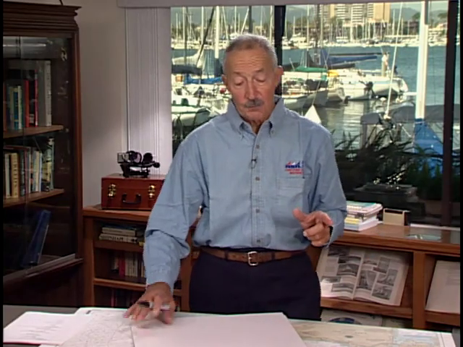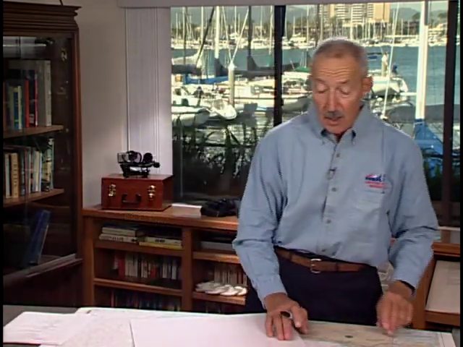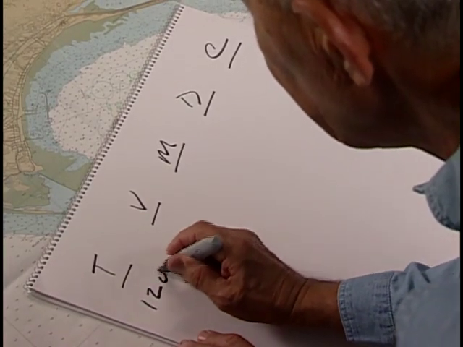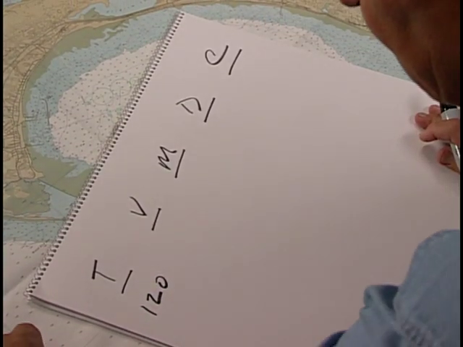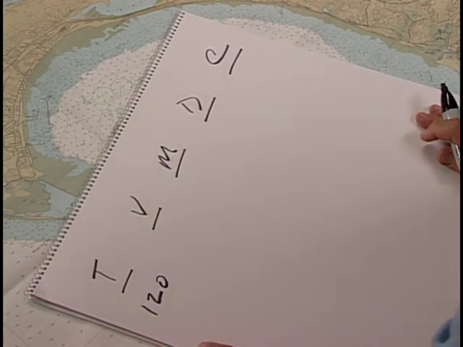So for example, if I have a bearing to an object, you recall earlier I drew a line and I had 120 degrees. That's 120 degrees true, and I put it in the true column.